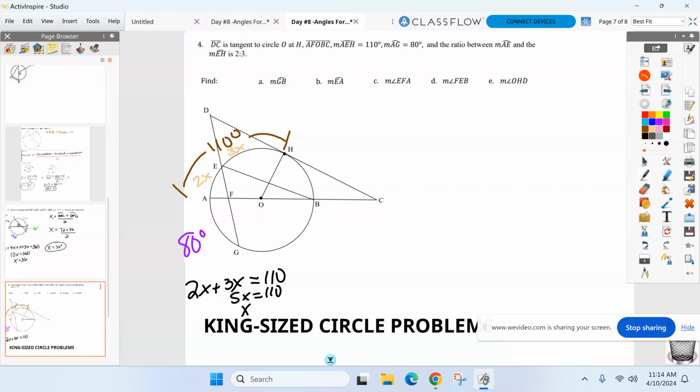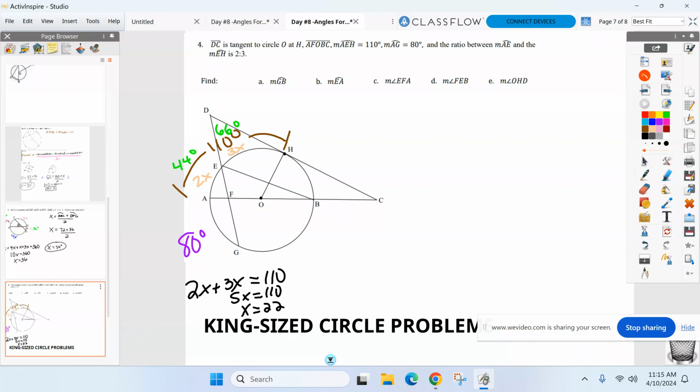X equals 22. All right, substitute it back in so I can find those 2 arcs. So arc AE 44 degrees, while EH is 66.